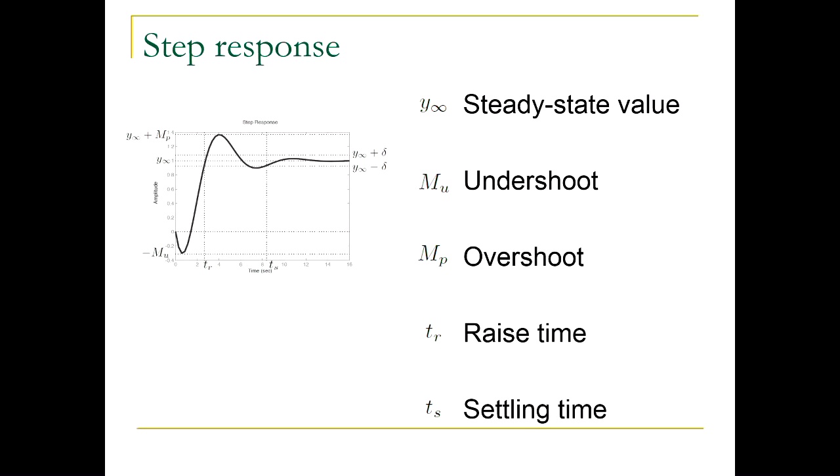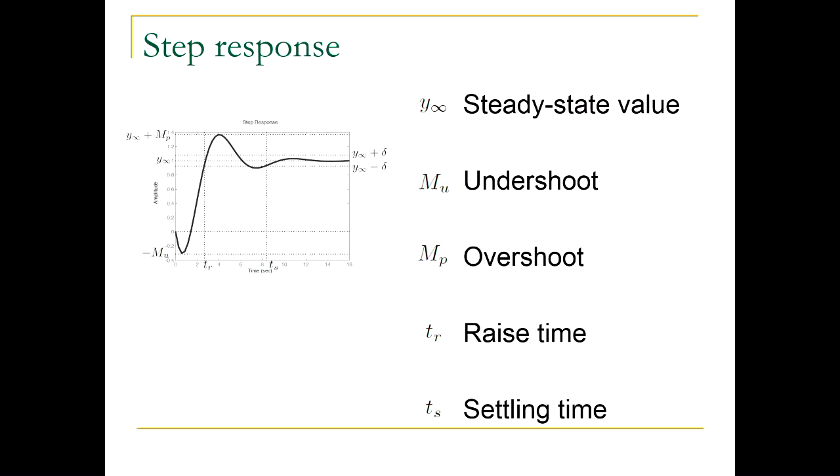Okay, so we just did the undershoot. Now, note that this response converges to this value y infinity. This y infinity is potentially equal to the desired value where we want it to go, or it may be slightly off.